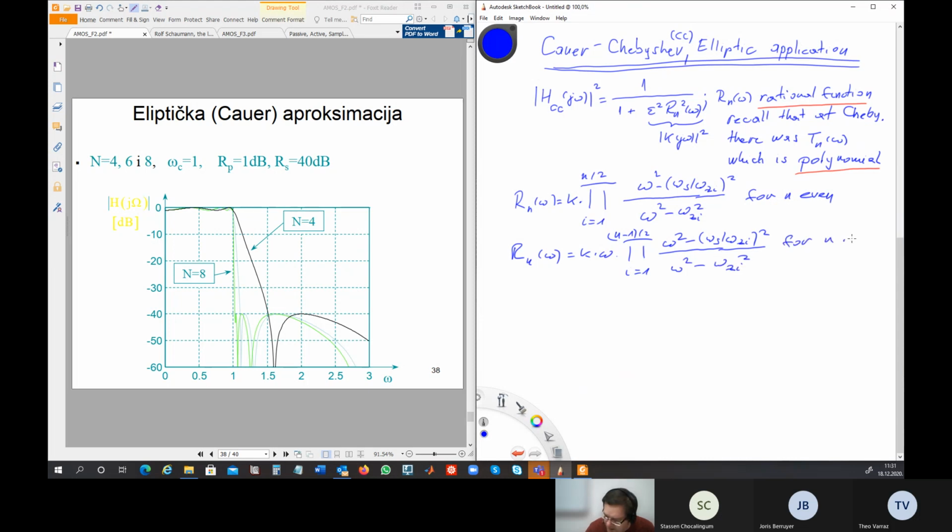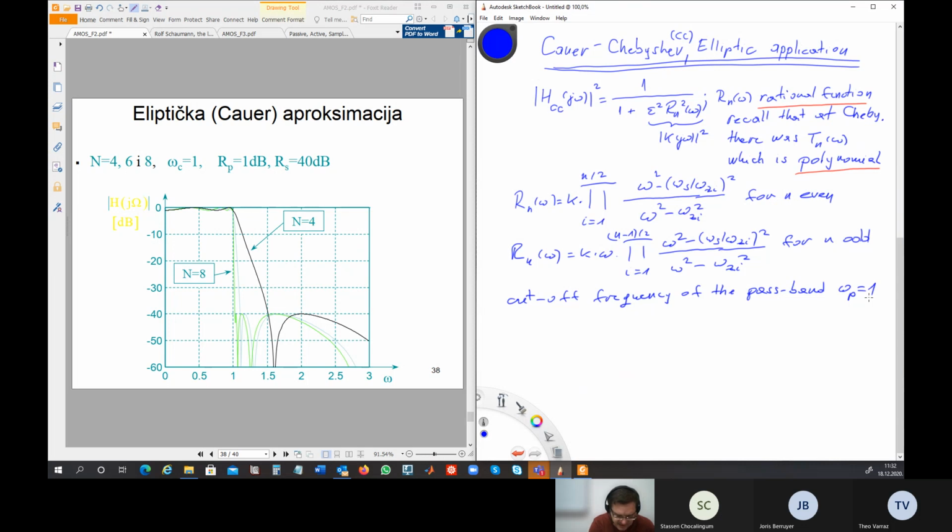For n odd, the cutoff frequency of the passband is omega p equal to unity.